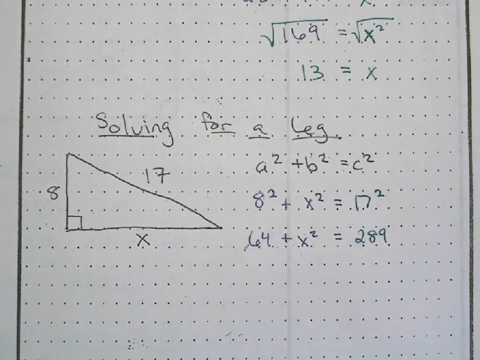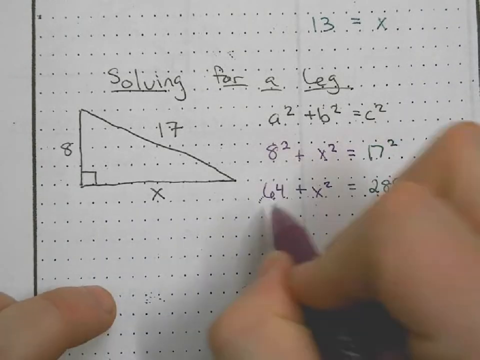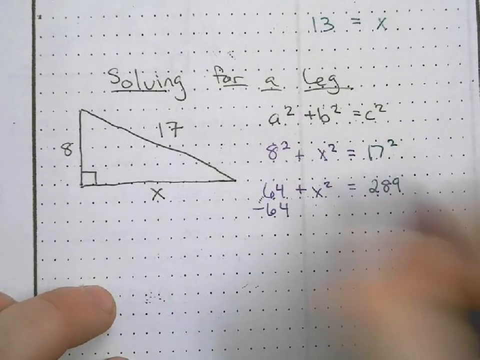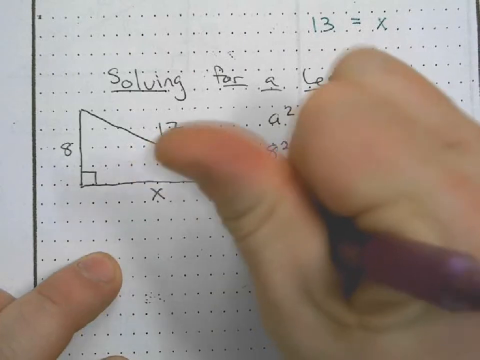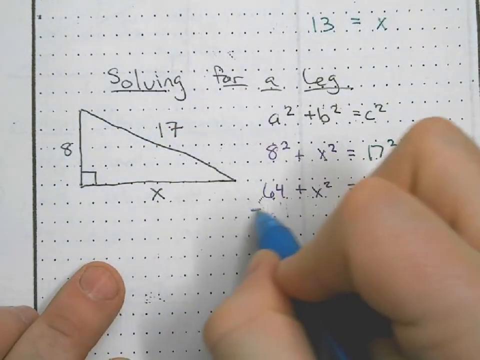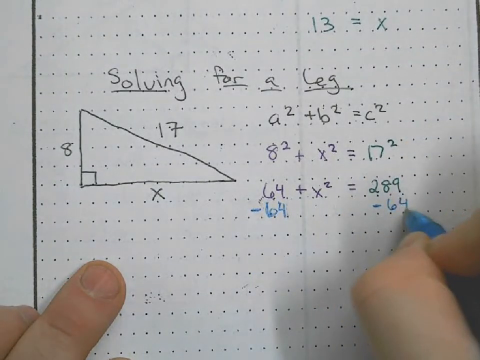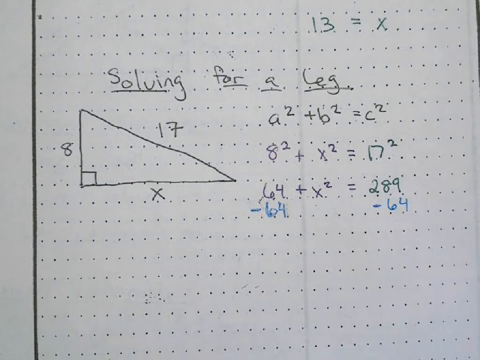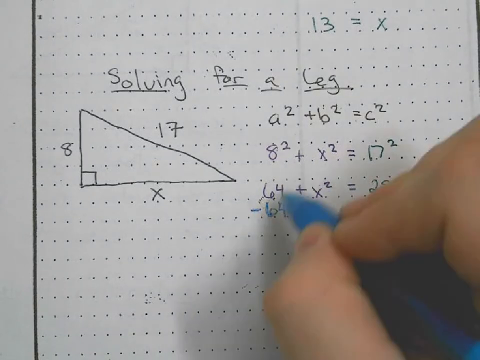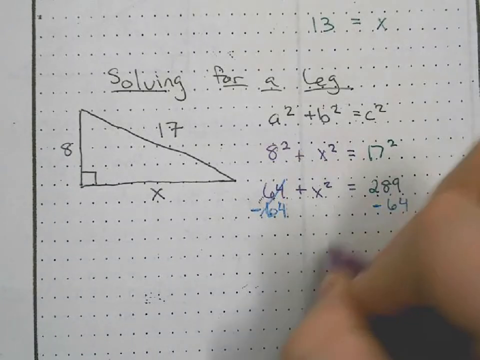Now I'm solving for x. I'm trying to get x by itself. So we'll have to use some inverses. So if I have a positive 64, the inverse would be subtracting 64. So we'll subtract 64. We'll do the same thing to both sides. Those will cancel. We'll bring down our x squared.